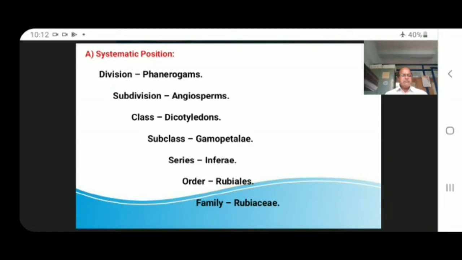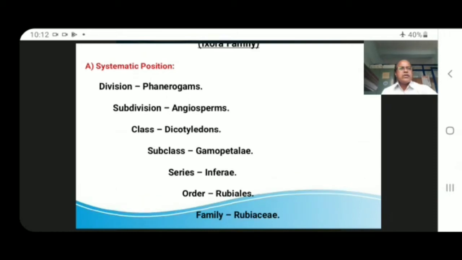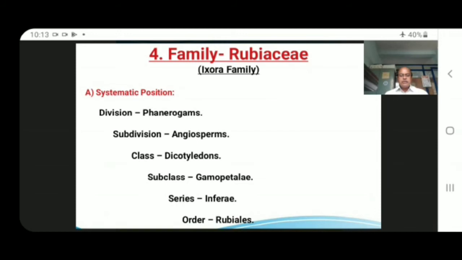Ovary inferior, bilocular with axile or basal placentation, one to many ovules in each locule. Style long, stigma bifid or capitate. Fruit a capsule, drupe, berry or schizocarpic type. Seeds are mostly endospermic with straight or curved embryo.